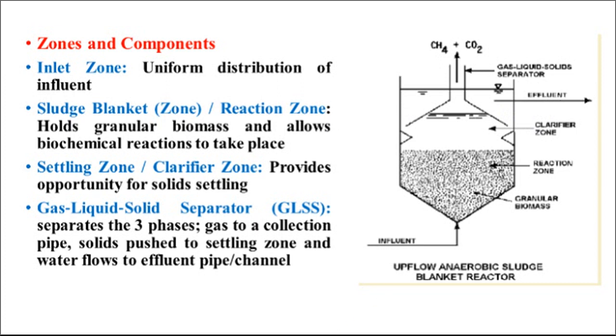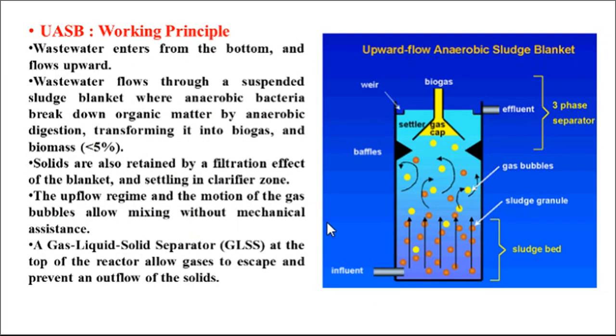Next one. UASB and its working principle. Wastewater enters from the bottom and flows in an upward direction. Through this pipe the wastewater is applied. This is the bed of the sludge. Wastewater flows through a suspended sludge blanket where anaerobic bacteria break down organic matter by anaerobic digestion, transforming it into biogas and biomass.